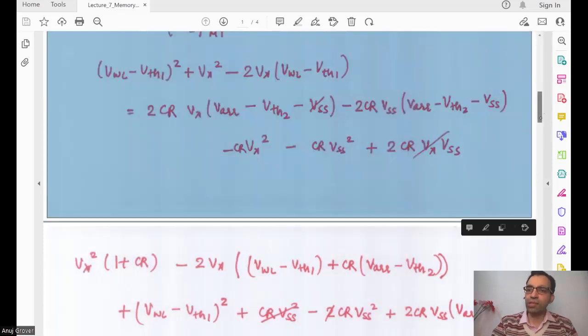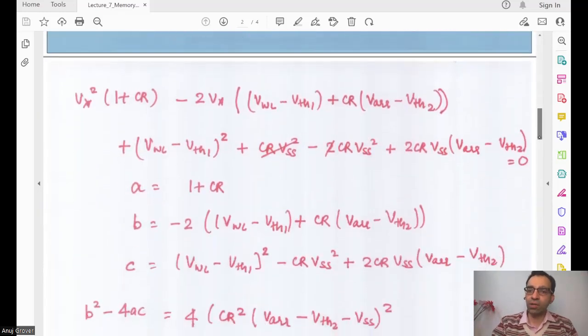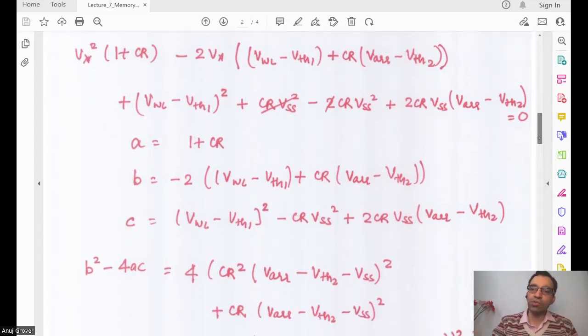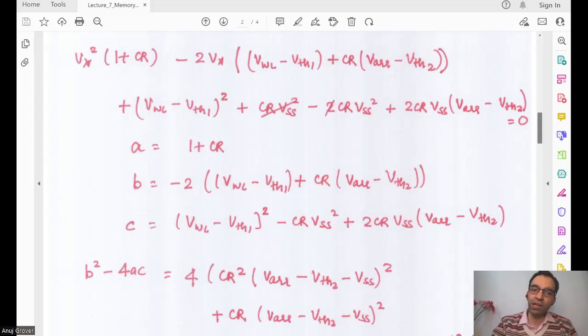Since I'm not using second order effects, I'm getting a quadratic equation. As we just discussed, with more accurate modeling you can go to cubic equations, and also fourth order and fifth order equations, depending on which effects you want to consider.